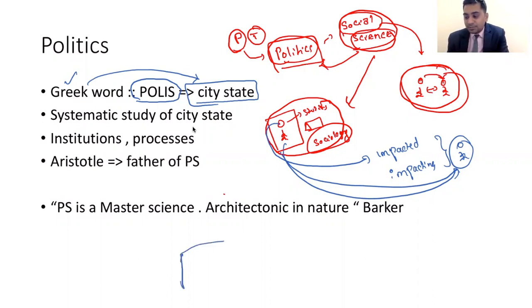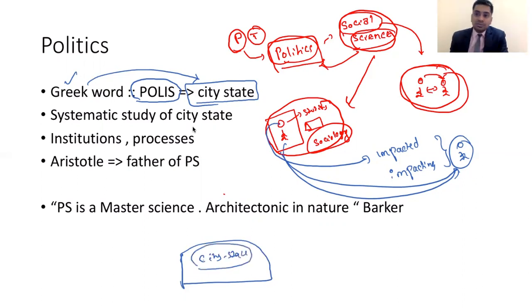Whatever the ancient Greek city states were present, you study these city states: how they are being organized, how they follow a line, how they are framed under some rules. A systematic study developed in Greek, and that systematic study of the city state is called politics.